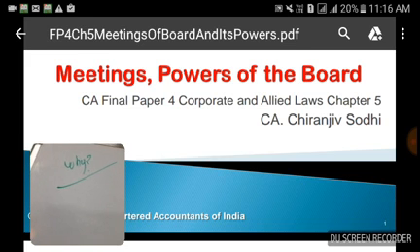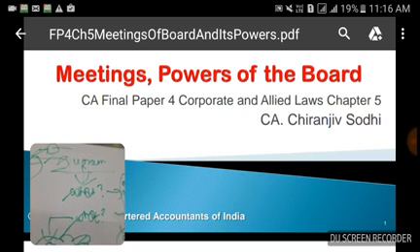No, they don't want that. They want the participation of a majority of the directors in the board meeting. Hence, the provisions related to quorum were incorporated in the Act. So this is about the quorum.